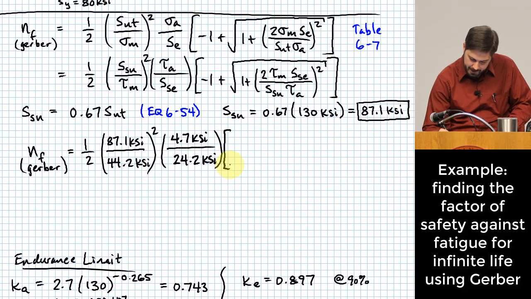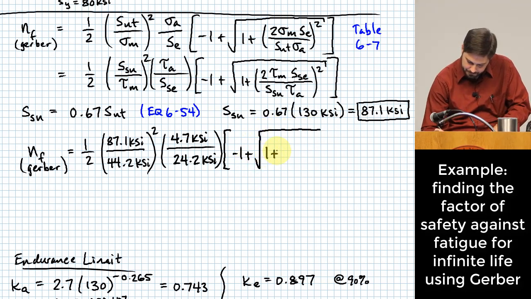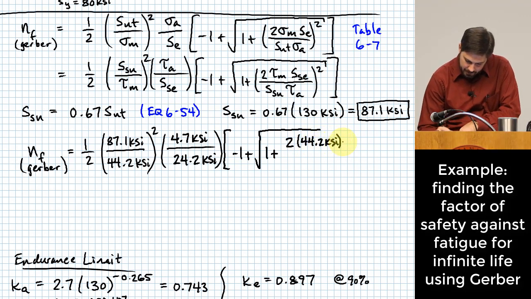Multiply all this by -1 plus the square root of 1 plus, here we will have 2 times 44.2 KSI, times S sub SE, which was 24.2 KSI.